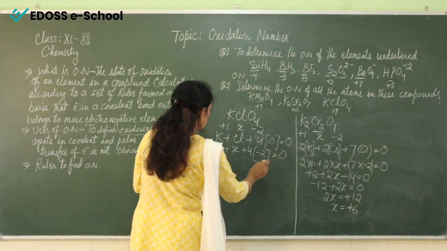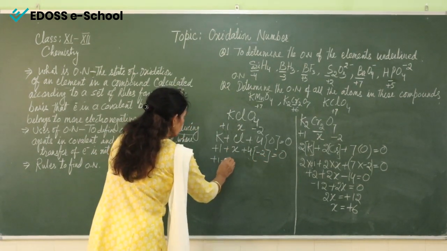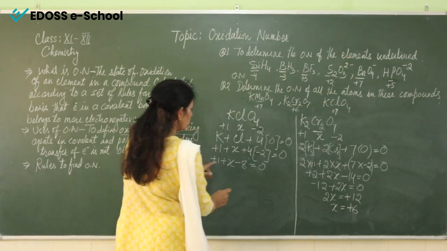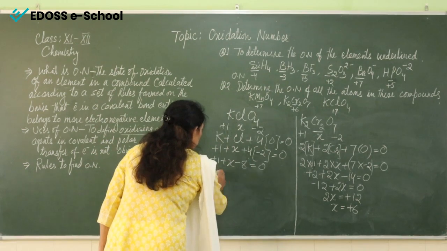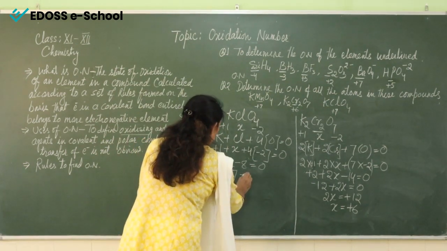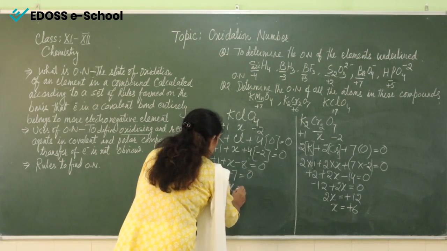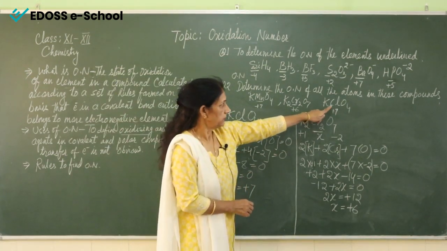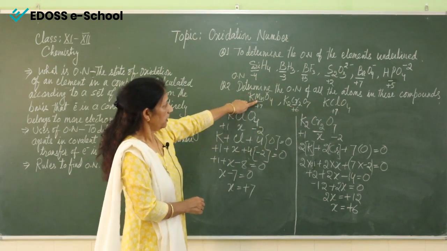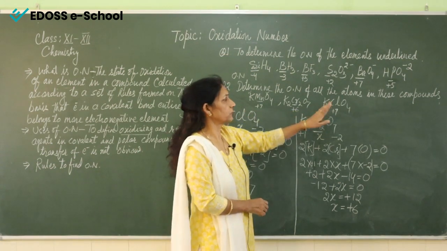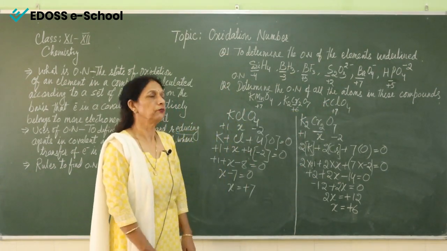This is equal to 0, so this will be plus 1 plus x minus 8 equal to 0, or we can say that x minus 7 is equal to 0, or x is equal to plus 7. You can see here that Mn also has oxidation number plus 7 and Cl also has oxidation number of plus 7.